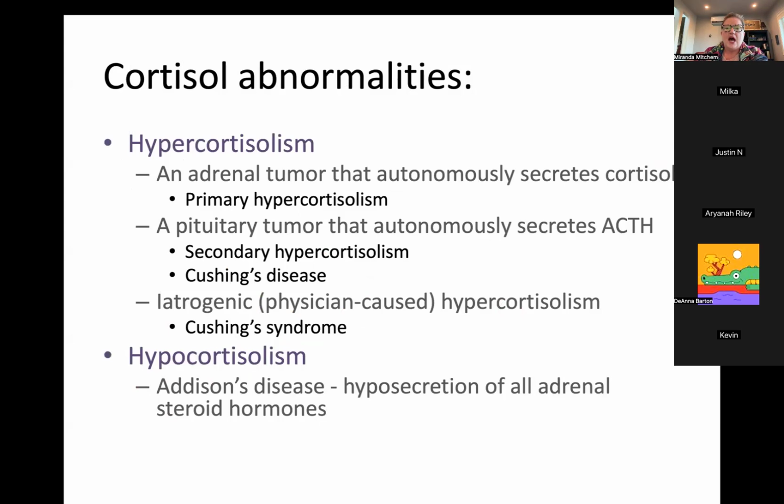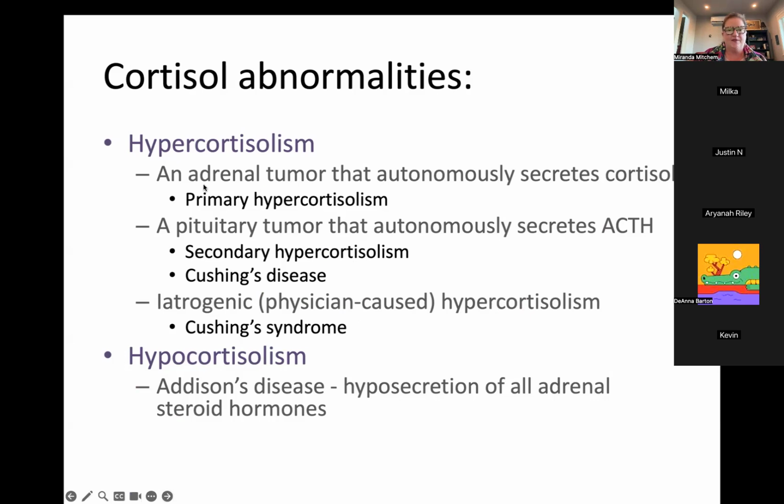Okay, so hypercortisolism is caused either from an adrenal tumor or a pituitary tumor, but it's also caused when a physician prescribes steroid medication. So if I were to ask what are the causes of hypercortisolism, there should be 3 causes, not just 2.